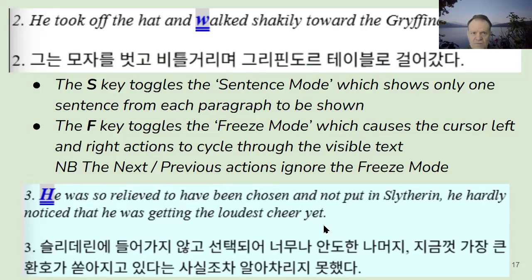S toggles between showing one sentence or showing all. Now, if you were just to use that and use the cursor, it would go straight to the next sentence. So you want to freeze it, so it just fixes on this one sentence. If you were to scroll, it would go straight to the corresponding sentence in Korean.